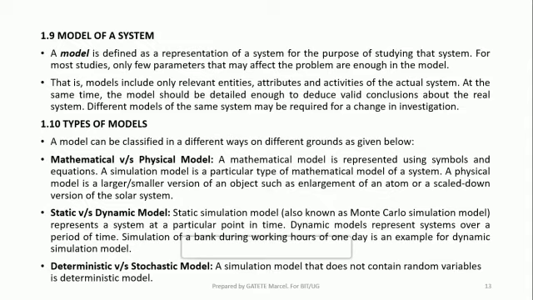So what you have to do, you have to take the important and the few parameters. So models include only relevant entities. We are able to put entities which are necessary. Also the main attributes, also activities which are necessary will be put into the model.